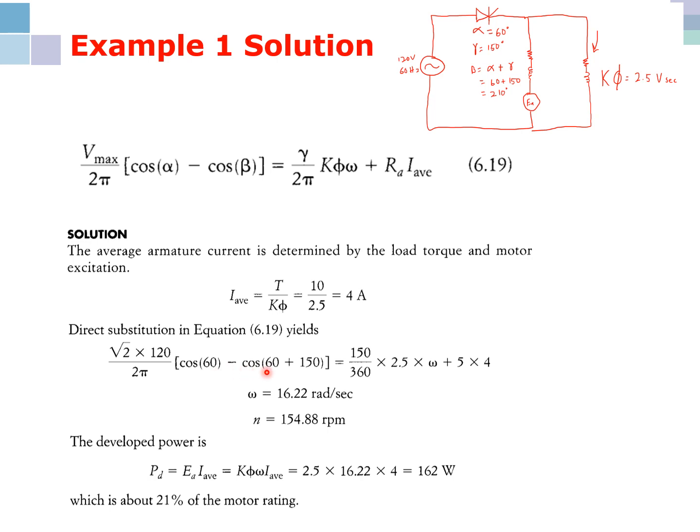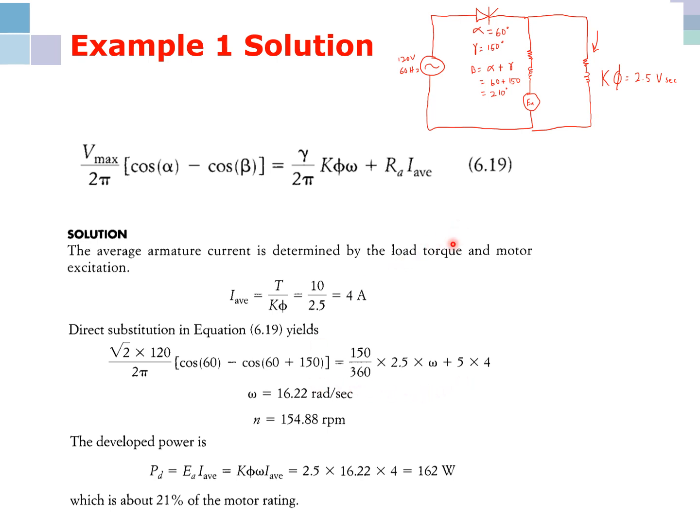The beta is alpha plus the conduction period, which is 150, so we get the value of beta here. Then just replace the gamma value, and 2 pi is 360 degree, right? Then times 2.5 times the motor speed, plus 5 times 4, which are the values of RA and I average.